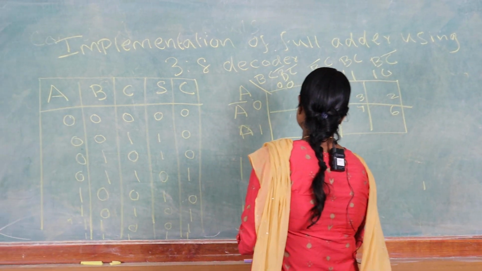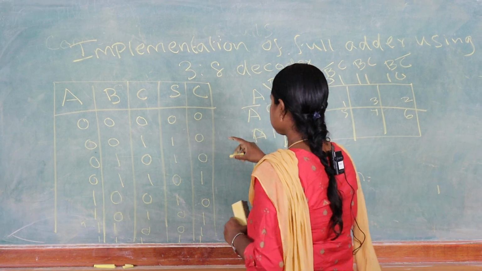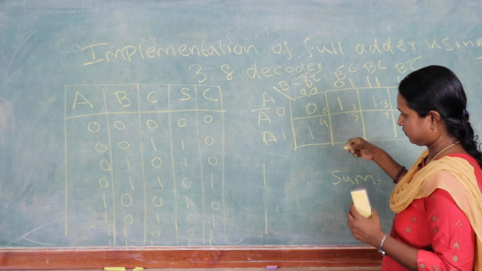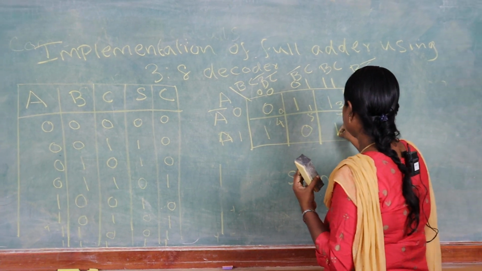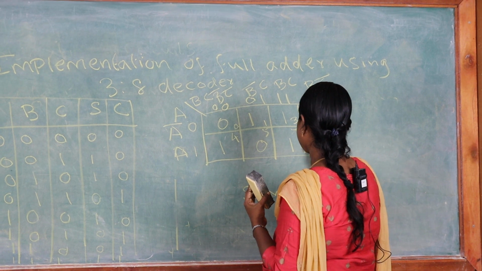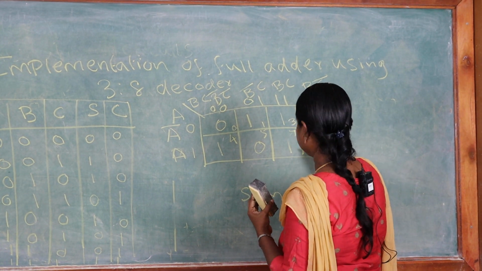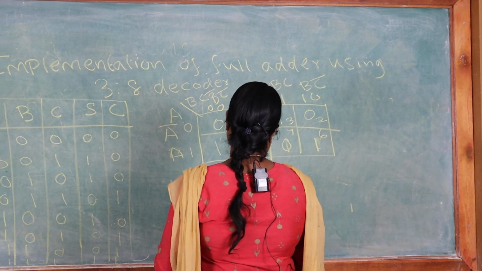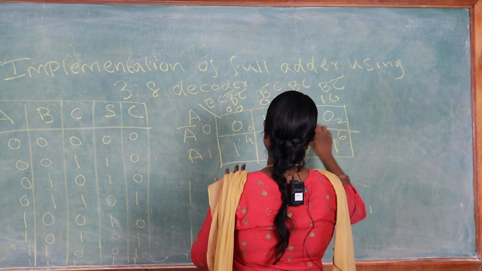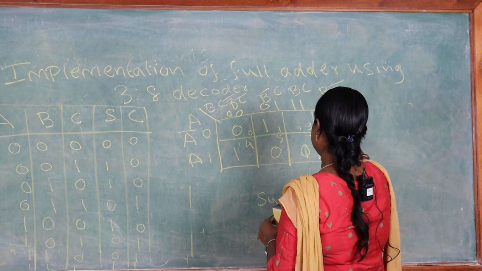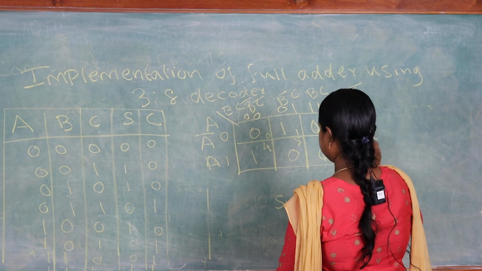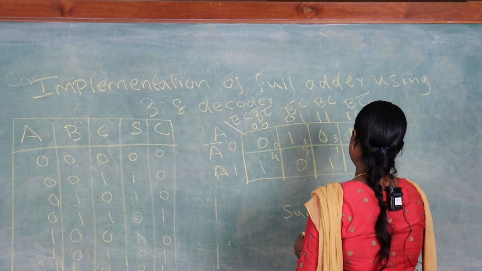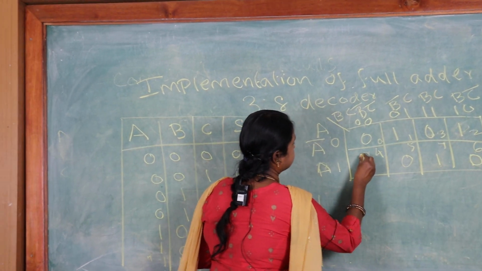Now I am deriving for sum. So 0, 1, 1, 0, 1. Now we have to assign each value.